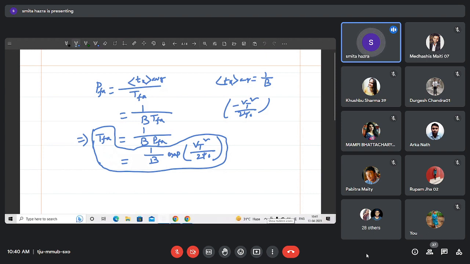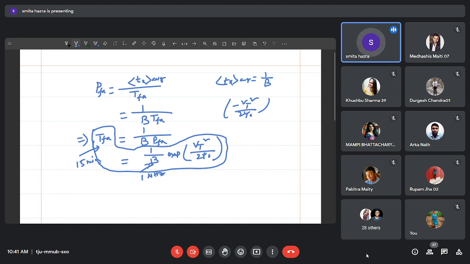And for example, if we take a numeric value, suppose B is equal to 1 megahertz, the radar is operating over this 1 megahertz bandwidth, and the false alarm time is 15 minutes. That means at every 15 minutes we get a false alarm.